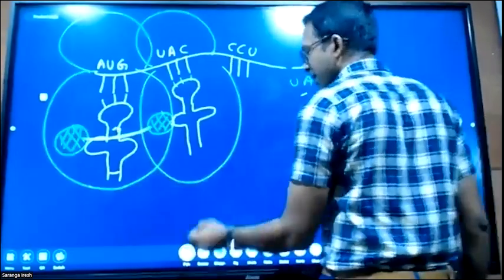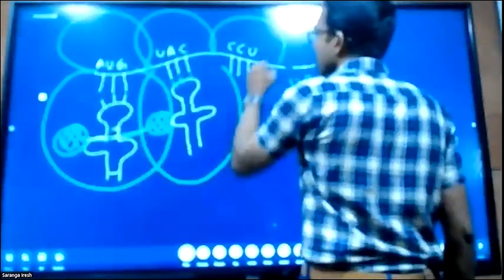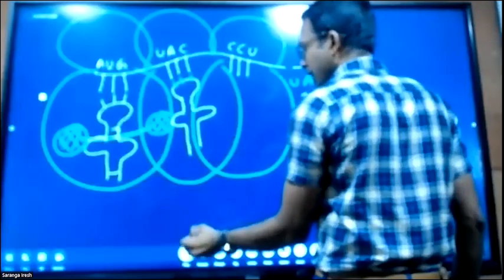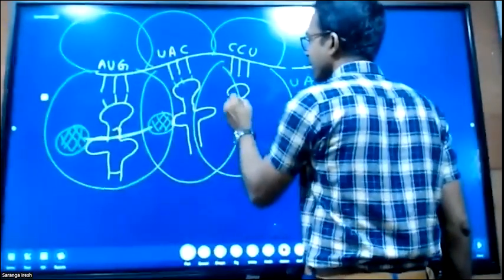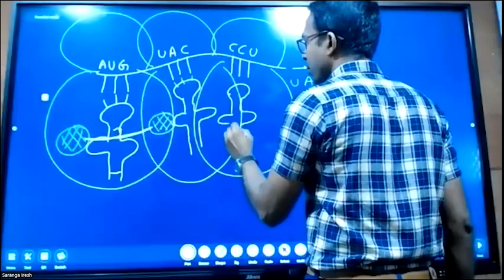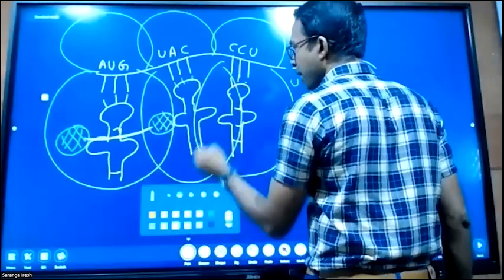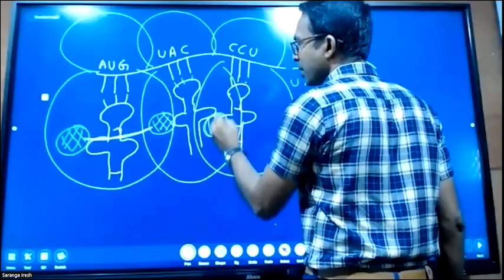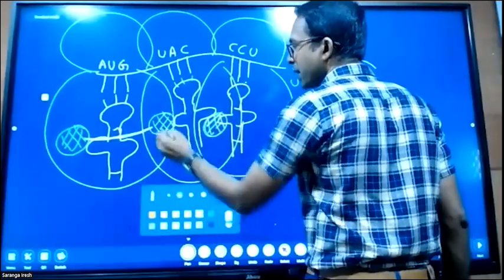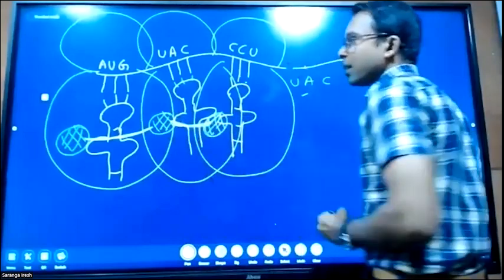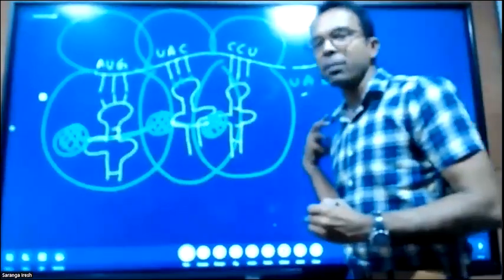And then another tRNA carries another amino acid, and the peptide bond is created between these two. This process continuously happens.